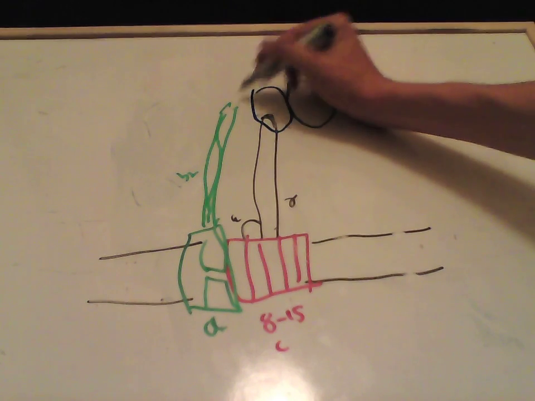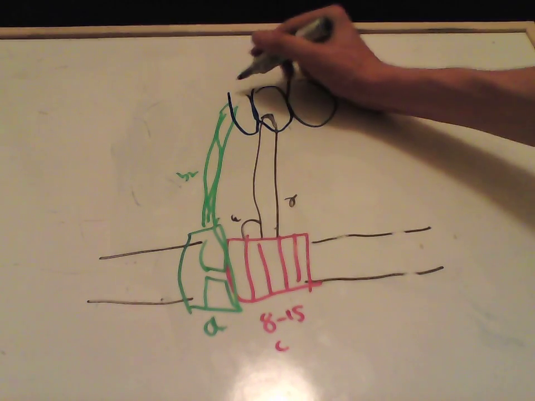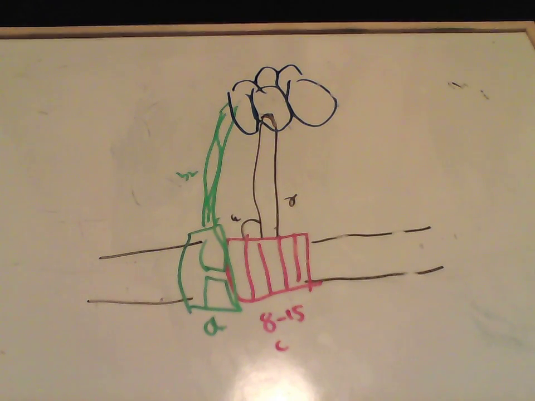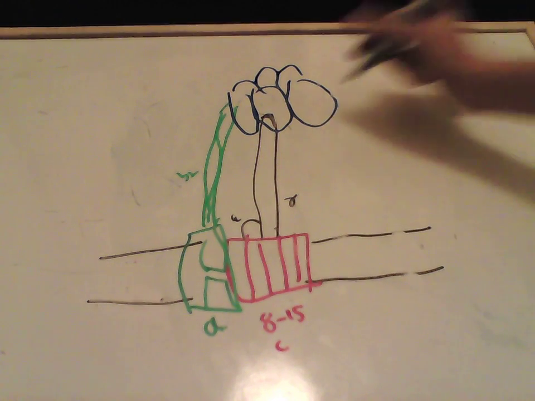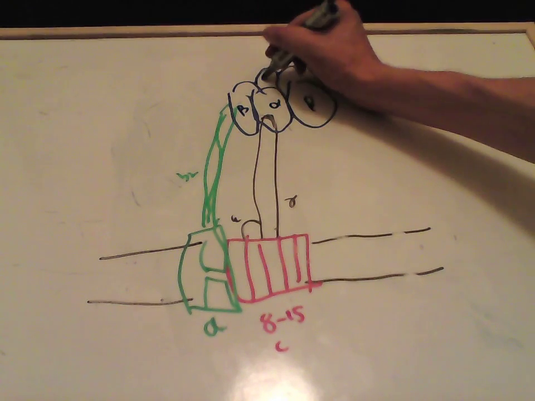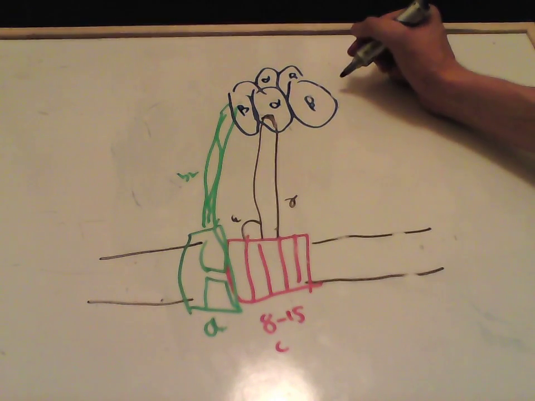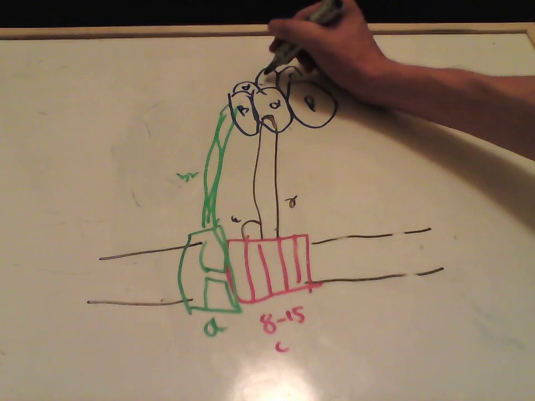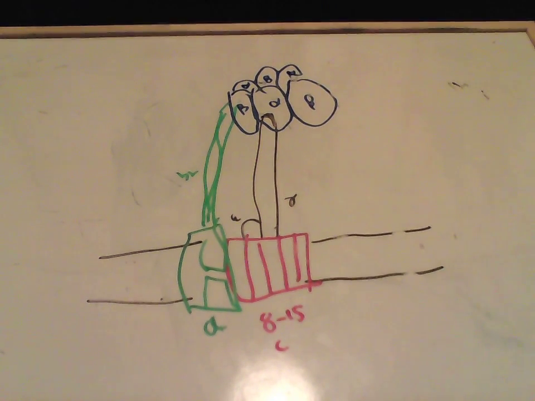Let's try and draw these symmetrically. We have beta, alpha, beta, alpha, beta. I've missed one, that's an alpha subunit there. Alpha, beta, alpha, like that.